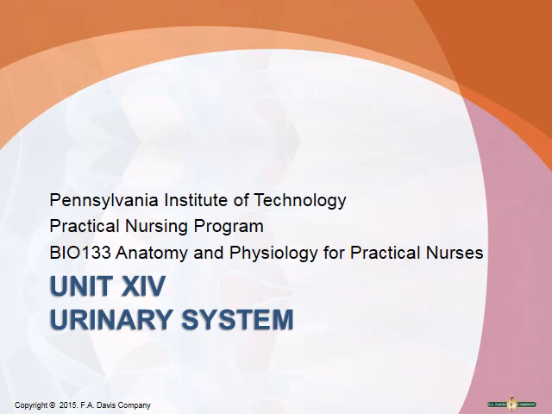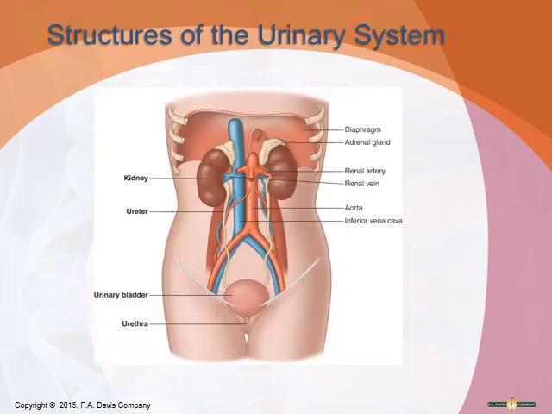So let's talk about the urinary system. The structure of the urinary system, looking at this slide, you see most superiorly the two kidneys. The two kidneys each have the adrenal gland sitting on top of it. We discussed the adrenal gland in more detail in the endocrine system.